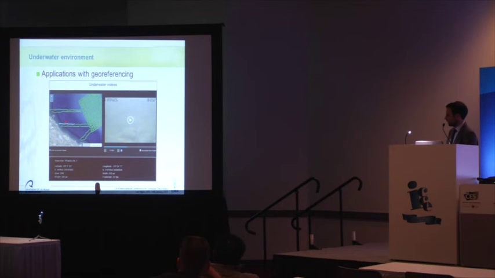Let me explain this. This is just a general map. The green lines represent motions of the underwater vehicle. We have the spatial and temporal information for every frame combined with the georeferencing information.